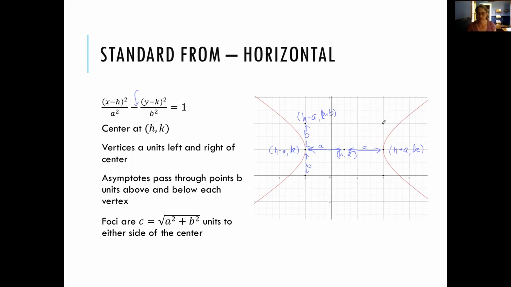And this corner point on the upper right is going to be at coordinates (h plus a, k plus b). Think about that and make sure you can find these corner points. They're really important because they're the only way that we determine the equations of the asymptotes to these curves.